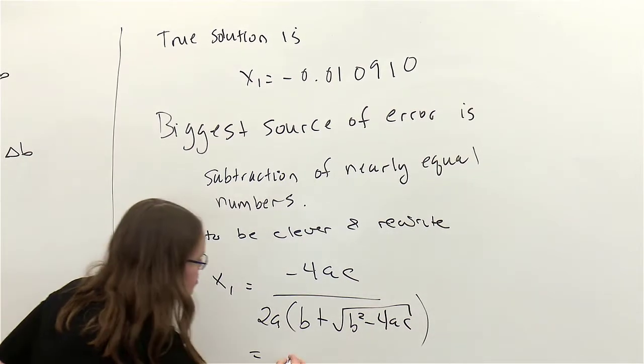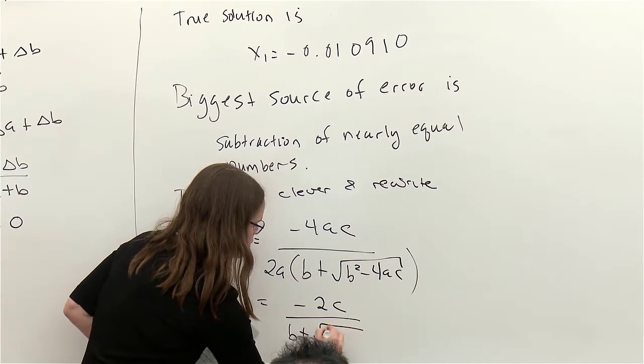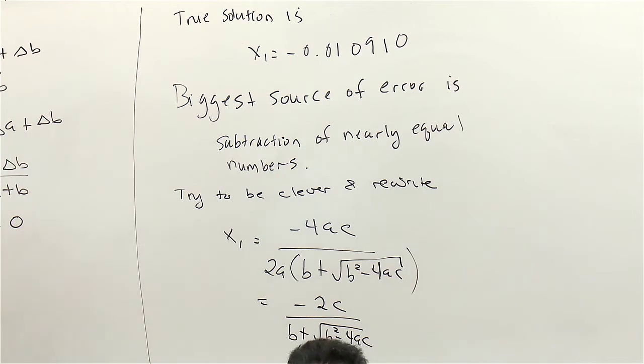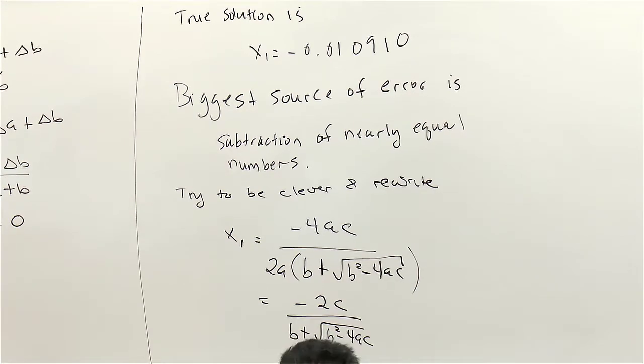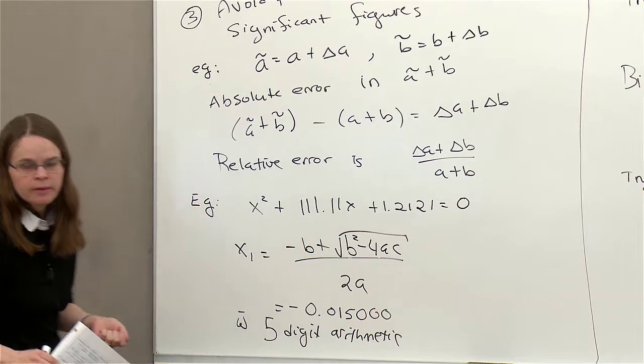Which simplifies. It's exactly the same quantity, right? I haven't changed the number. All I've done is taken this and multiplied by 1, or I've written 1 in a clever way.